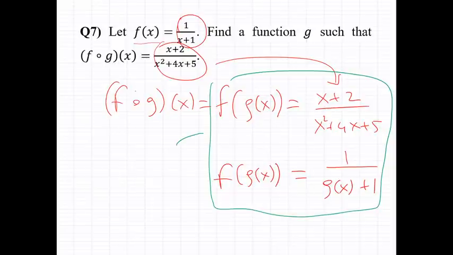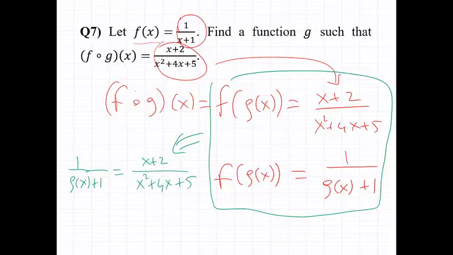1 over g of x plus 2 plus 1 equals (x + 2) over (x squared + 4x + 5). Now, if you do this cross multiplication, you can get x squared plus 4x plus 5 is equal to (x + 2) times (g of x plus 2).